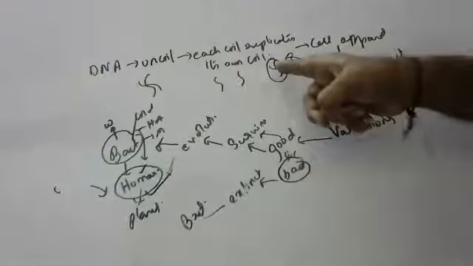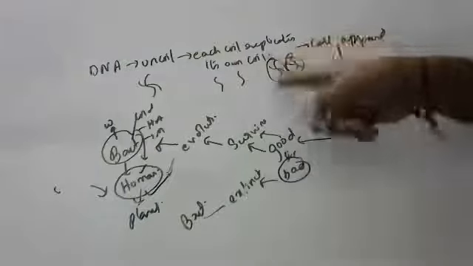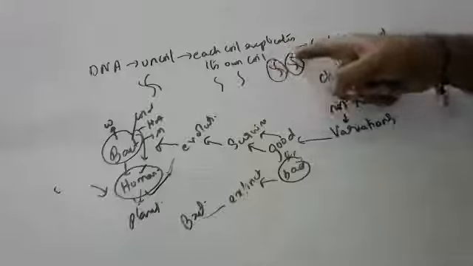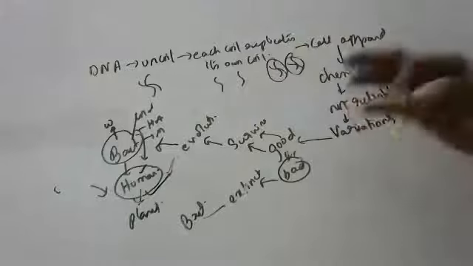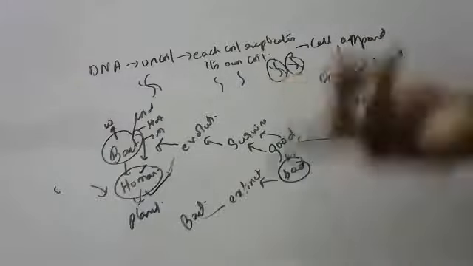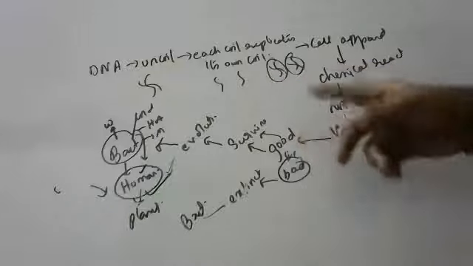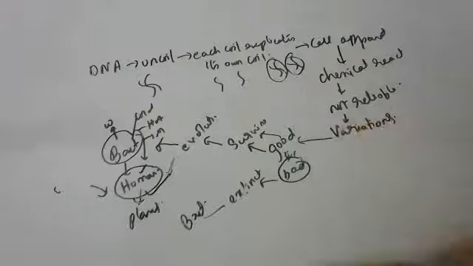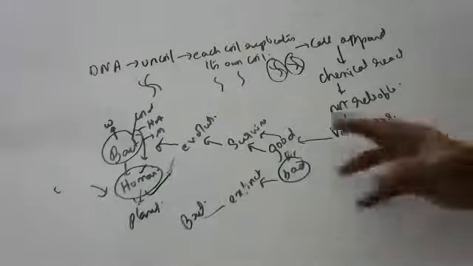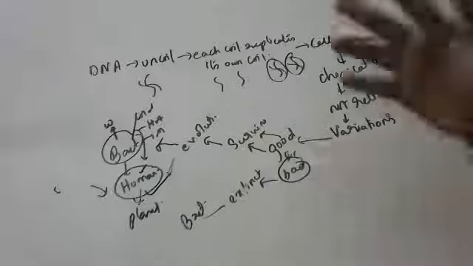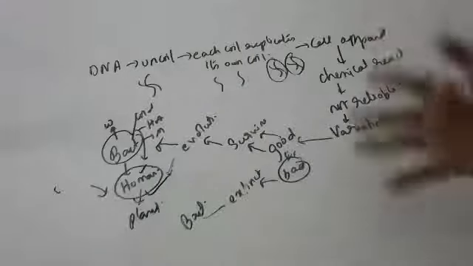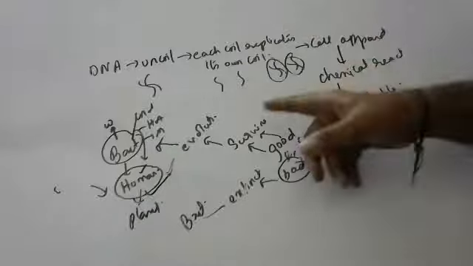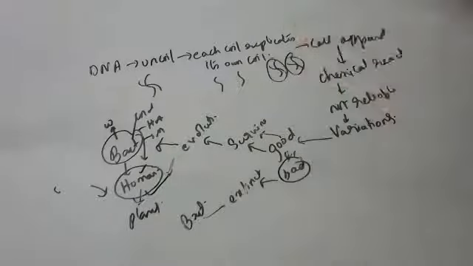Each DNA will prepare its own coil, and its own cell apparatus. Because of chemical reactions, DNA will form, and when DNA is forming because of chemical reactions, variations will definitely occur. Not all variations are good, some are bad. Bad variations will become extinct in the course of evolution, whereas good variations will survive and undergo evolution.